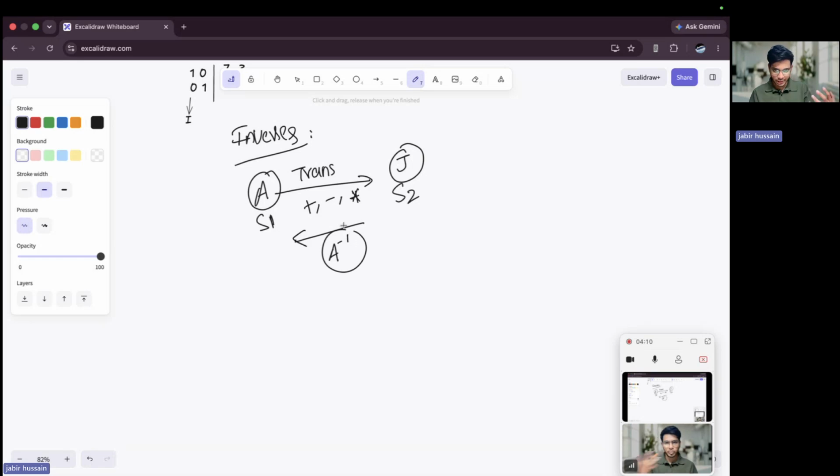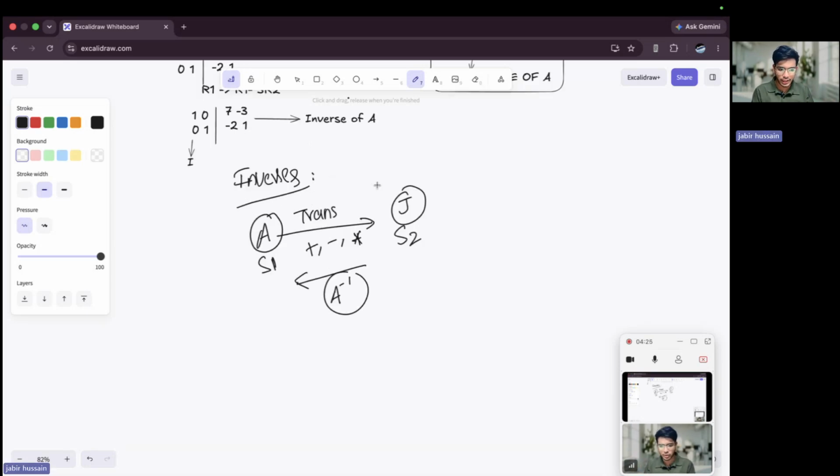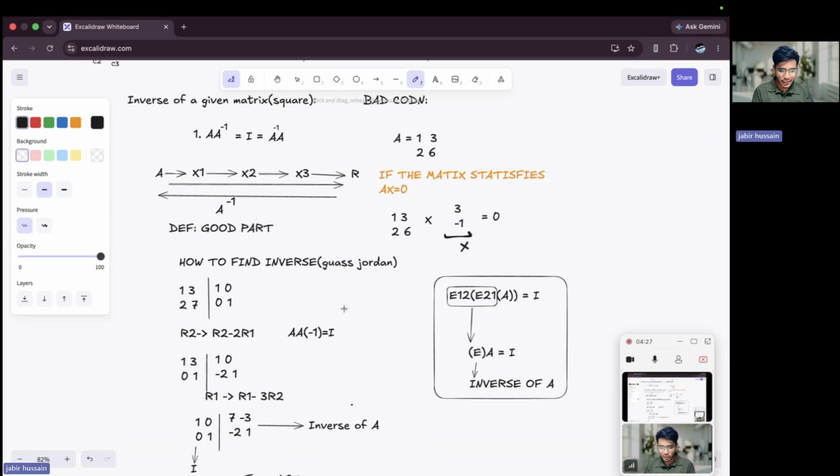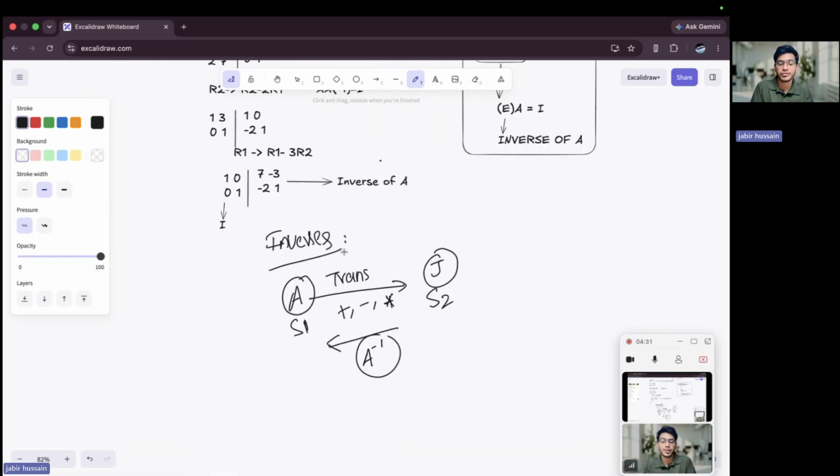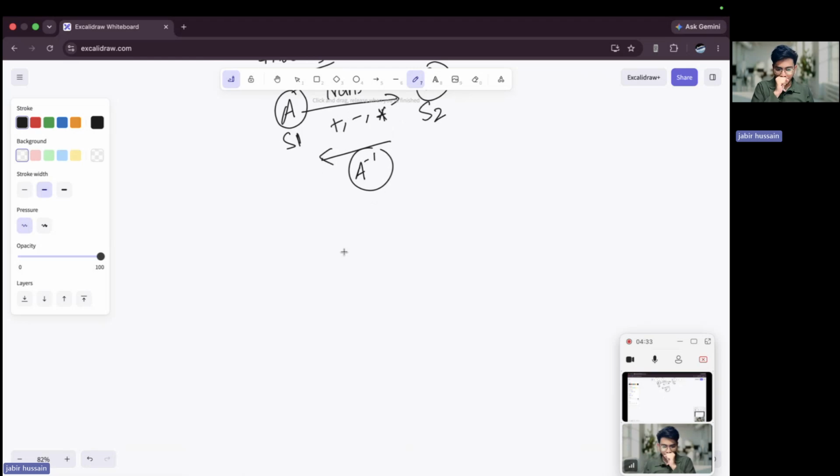The opposite path coming from J to A is known as the inverse of the given matrix. I hope you are very clear with the concept of inverses, and how we find inverse. Here we have talked about the conditions to find inverses and the actual meaning of inverses. Now let's talk about two matrices.